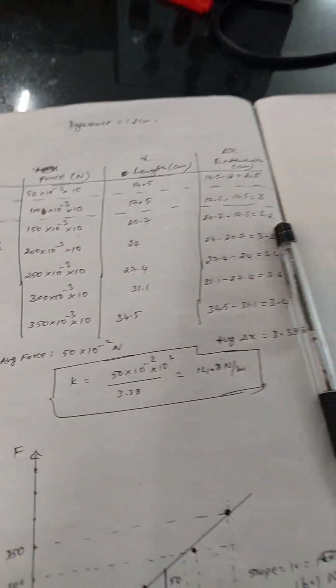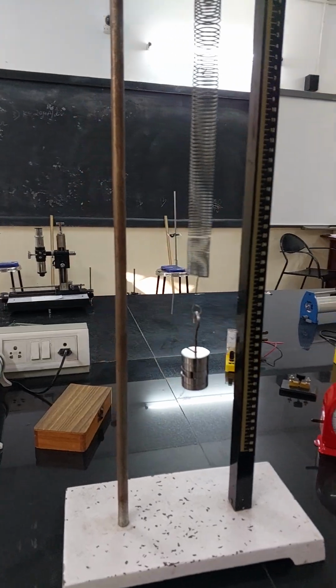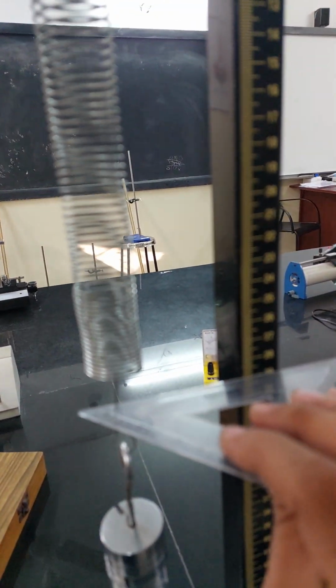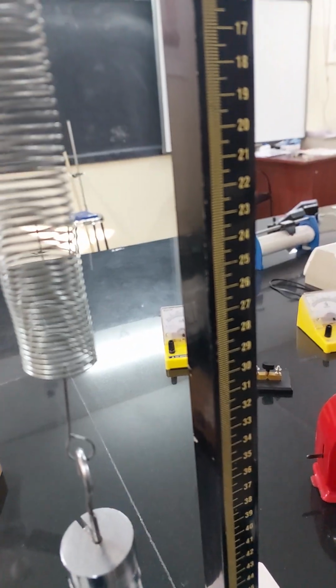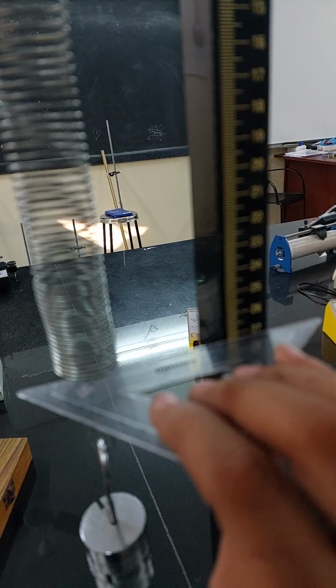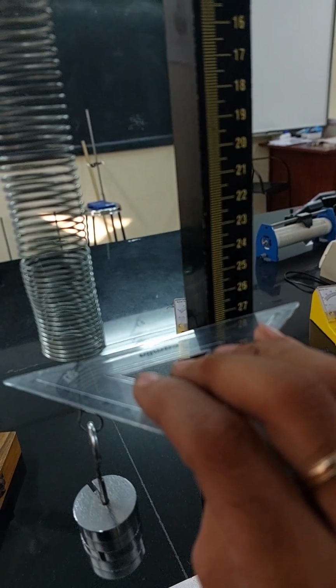Now similarly we'll keep on adding the mass. I have added 250 grams in total. Let's see what the length is now. The length is 27.4.